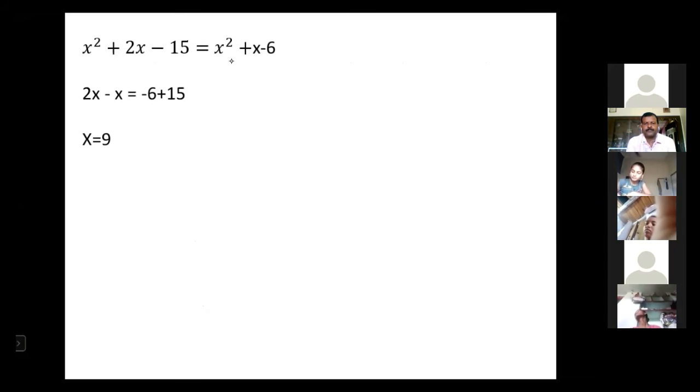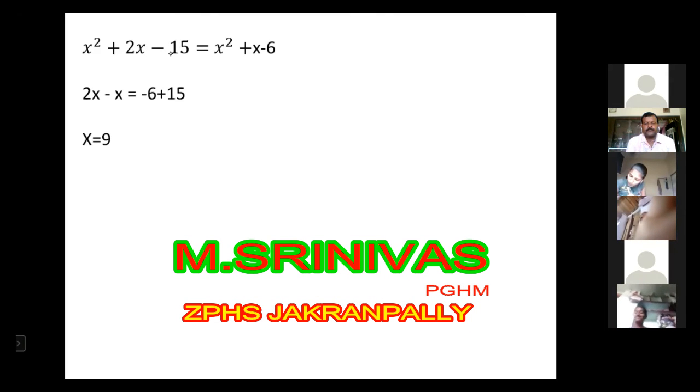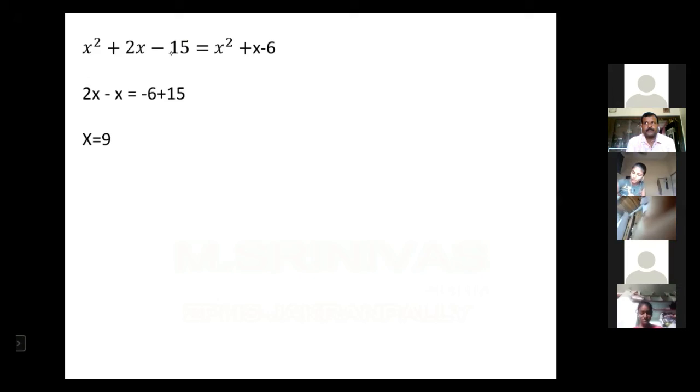Bring the x on the right side to the left: 2x minus x. Bring minus 15 to the right side, then it will become plus 15. So x is equal to minus 6 plus 15, which is 9. This is the x value we were asked to find.